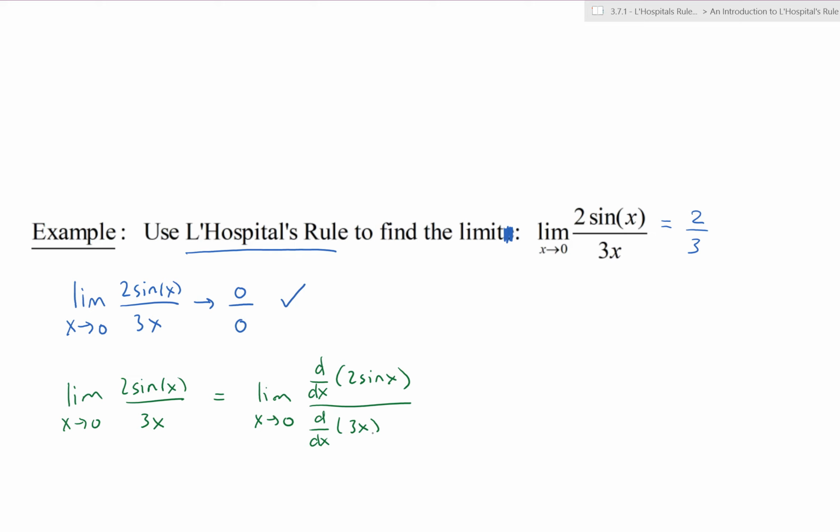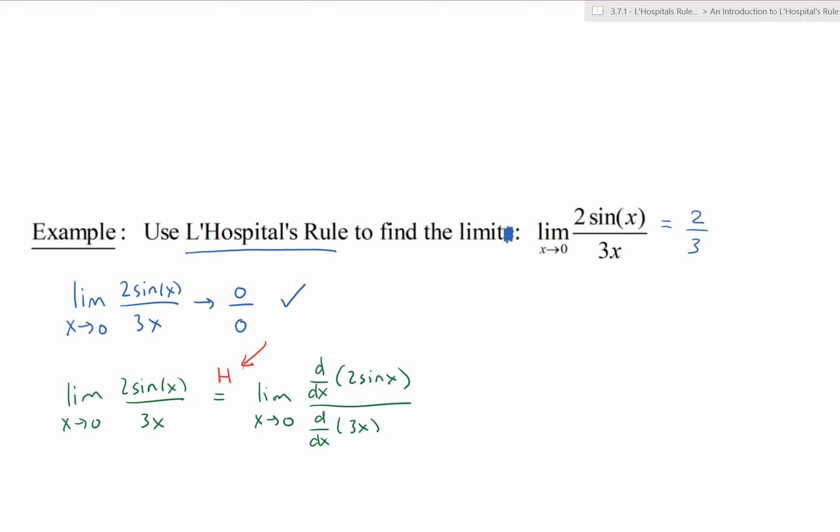So oftentimes, when we're applying this L'Hopital step, we write some kind of notation in between the steps that helps us understand that we have actually applied L'Hopital's rule. In this case, using an H seems to be a nice way of denoting that we have used L'Hopital's rule at this step, in that we are going to differentiate the numerator with respect to the input variable and also differentiate the denominator with respect to the input variable.